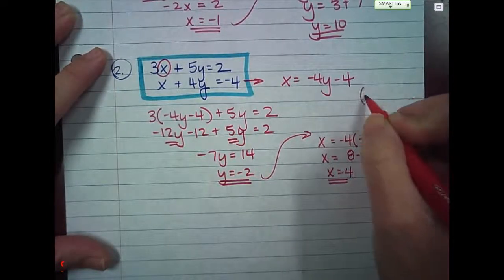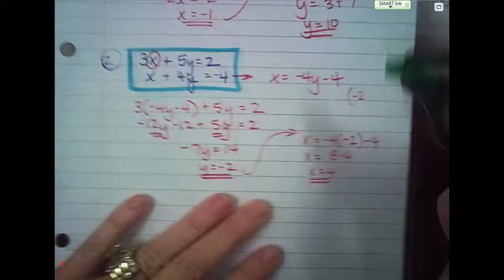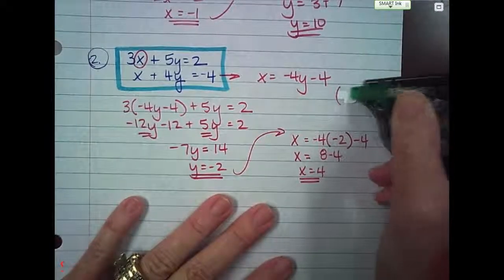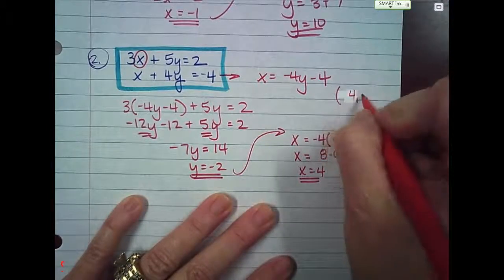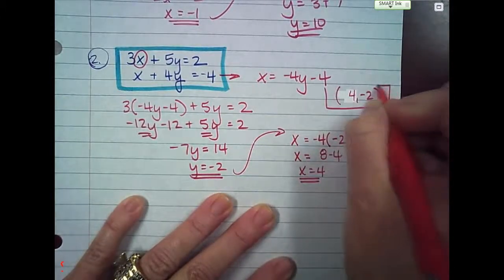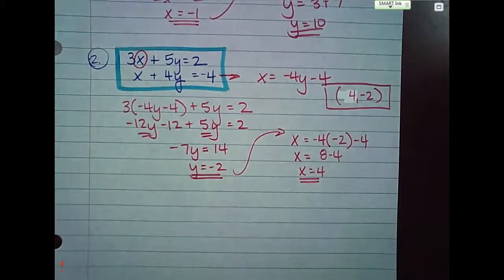So your answer is negative. Sorry. What's your answer? I wrote it backwards. Be careful. 4, negative 2. Got it? Okay. Those two are easy, right?